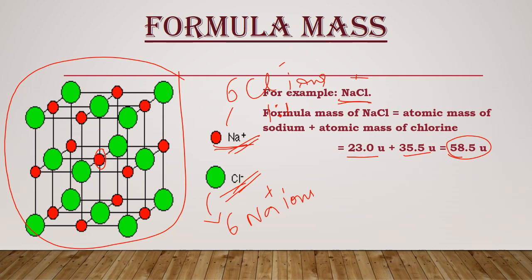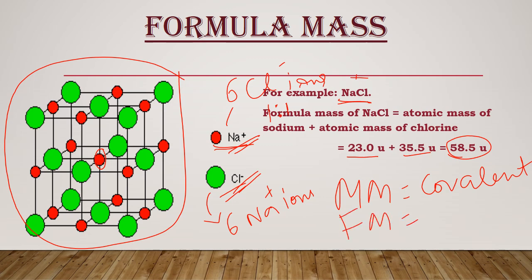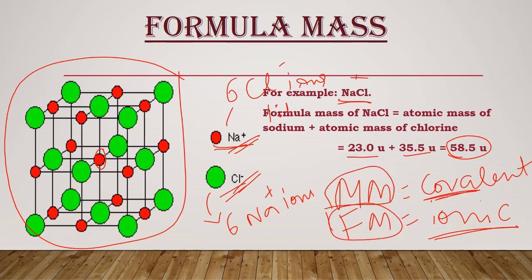The difference between molecular mass and formula mass is that molecular mass is used for covalent compounds, whereas formula mass is used for ionic compounds. It's just the difference in the terminology. Since we have individual molecules here, we can refer to it as molecular mass.